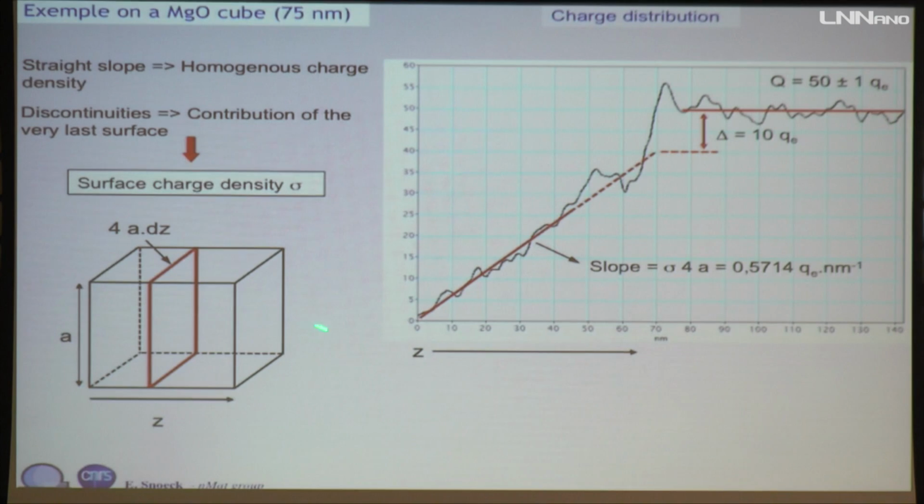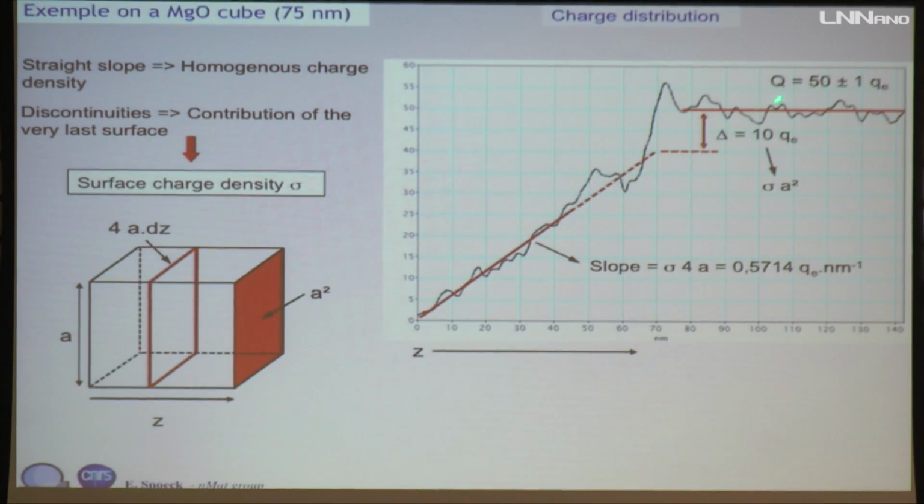Okay? If you have some surface density, sigma, on these regions you have 4A, A being the size of the cube, DZ, this is the size of this surface. And then you have A squared, okay?